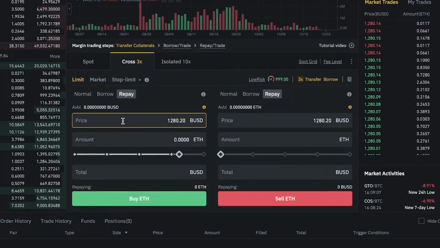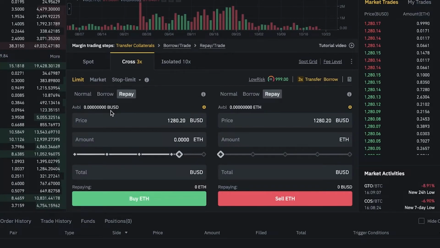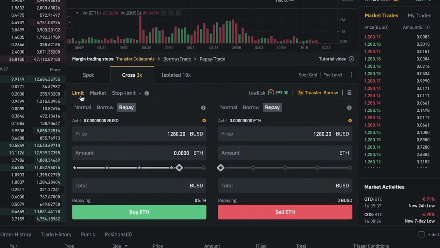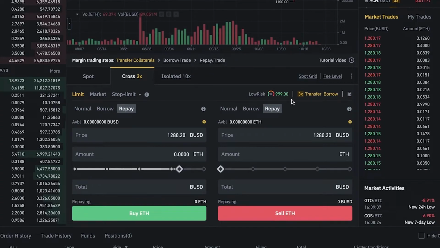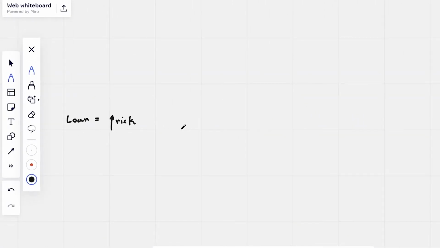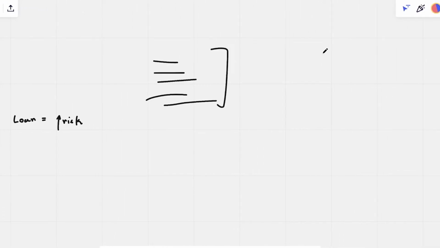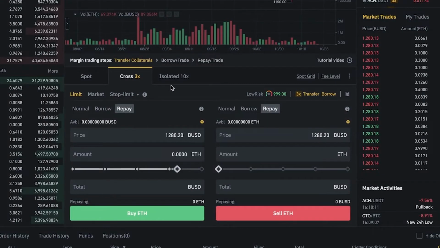So if I make multiple different limit orders for Ethereum with cross 3x, then I'm going to be leveraging my risk equally between all of my positions. So all the risk will be divided equally. But in isolated margin, maybe the risk for one position is this much, maybe the risk for the next one is this much, because I can manage risks on each individual position.